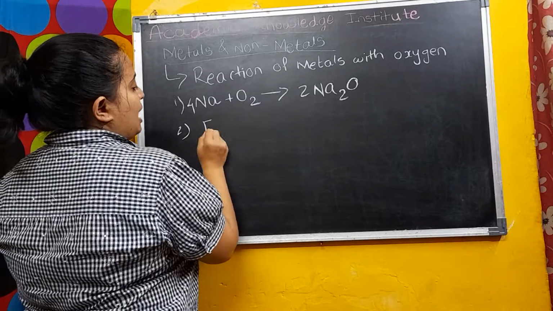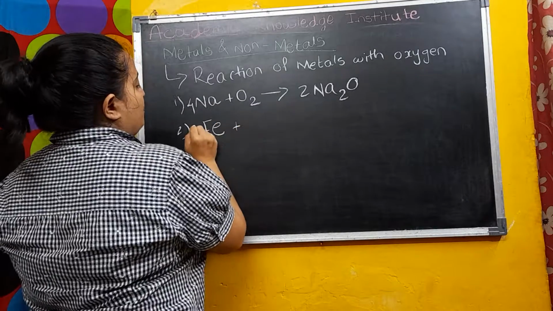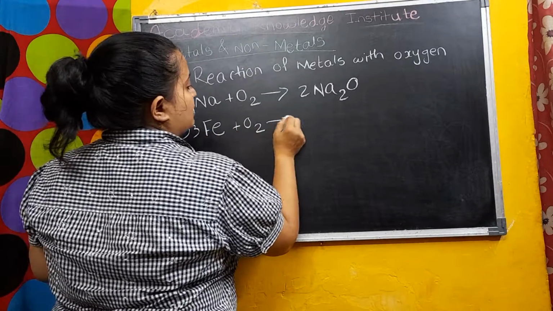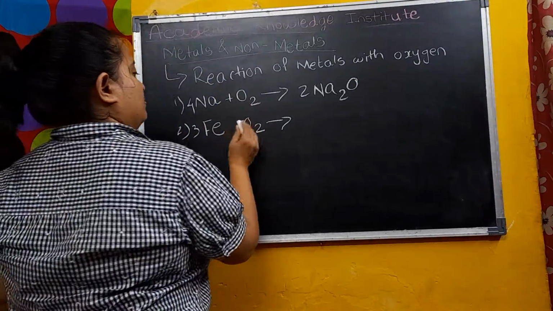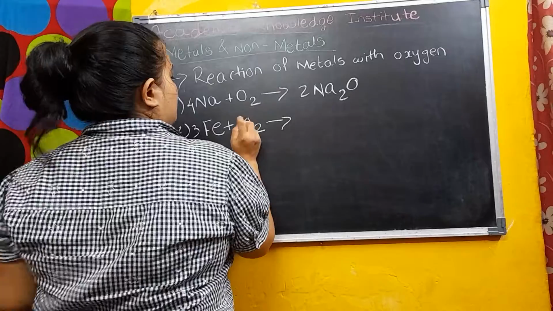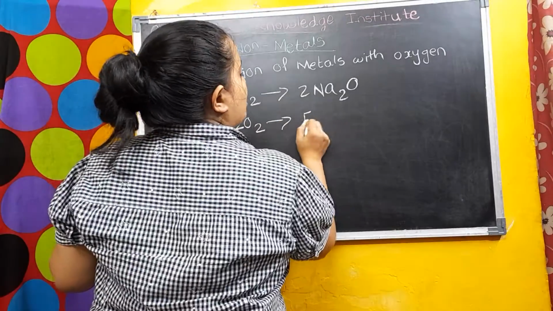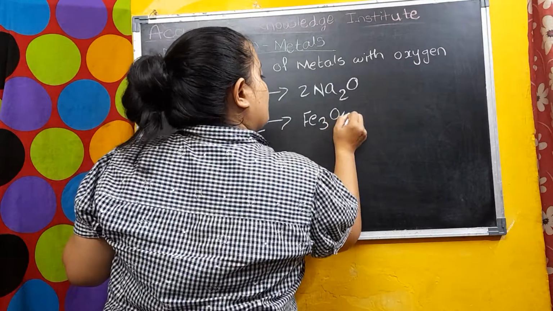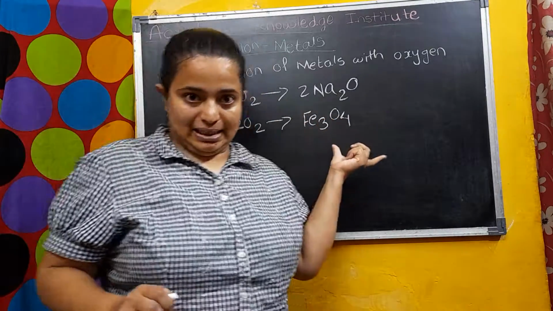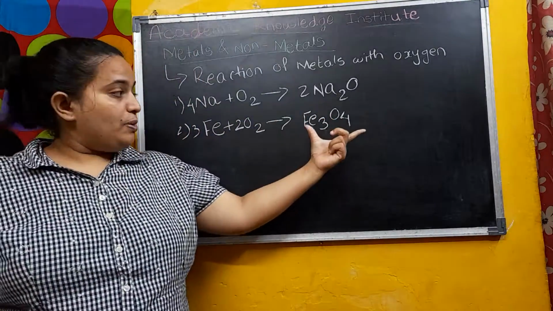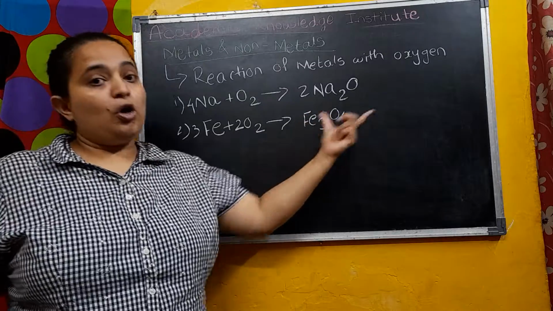Now we will see the reaction of oxygen with iron. It will give this product, the ferrous ferric oxide.